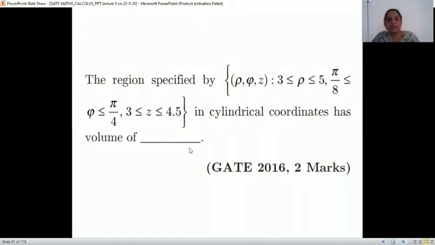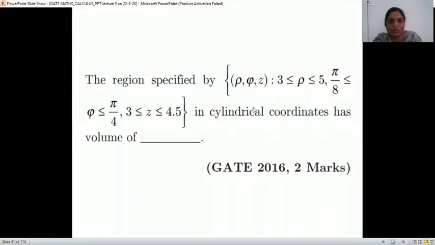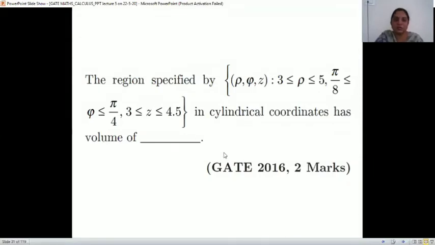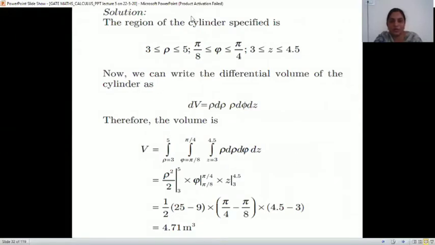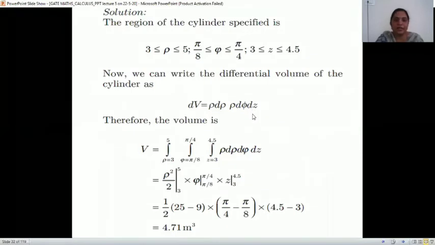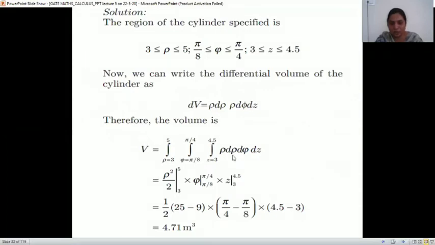Then the cylindrical coordinate has a volume of. Its volume is asked. Okay, these are the limits, and we know volume. If we convert it into cylindrical coordinate, we know dv is rho d rho d phi dz, right? So volume is the triple integration of dv, which is rho d rho d phi dz, right?